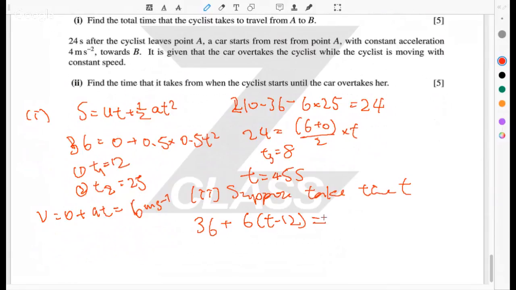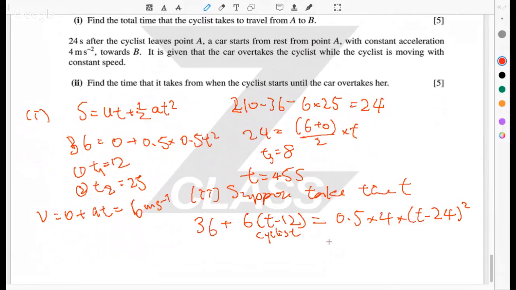That will be equal to the distance traveled by the car. That will be 0.5 times 4 times t minus 24 squared.